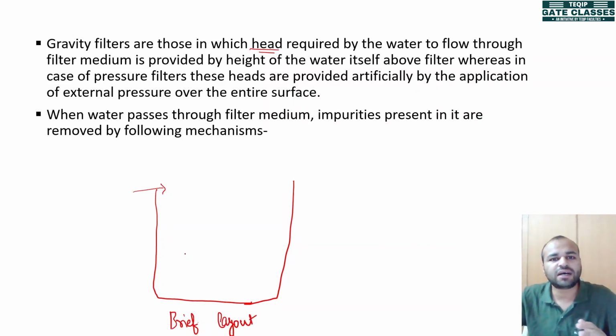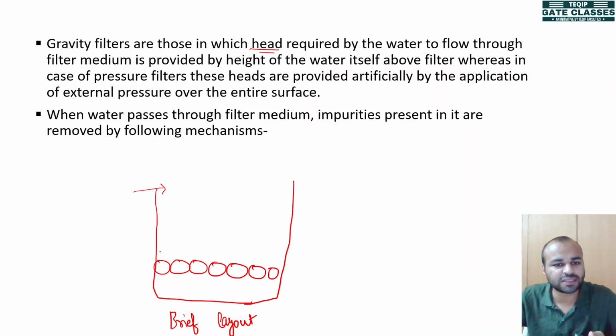See, most of the filters are designed in such a way that when the water is filled from the top, it gradually passes through layers of different sized solid particles. Maybe at the bottommost there are rocks of a little larger size.